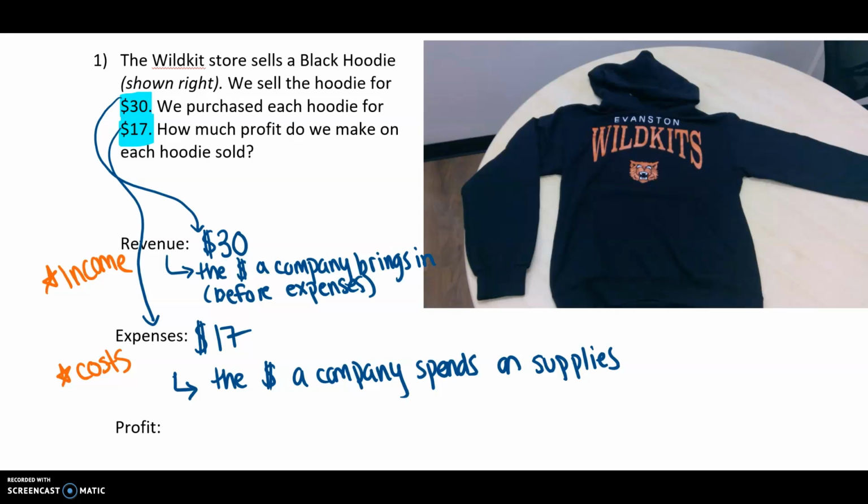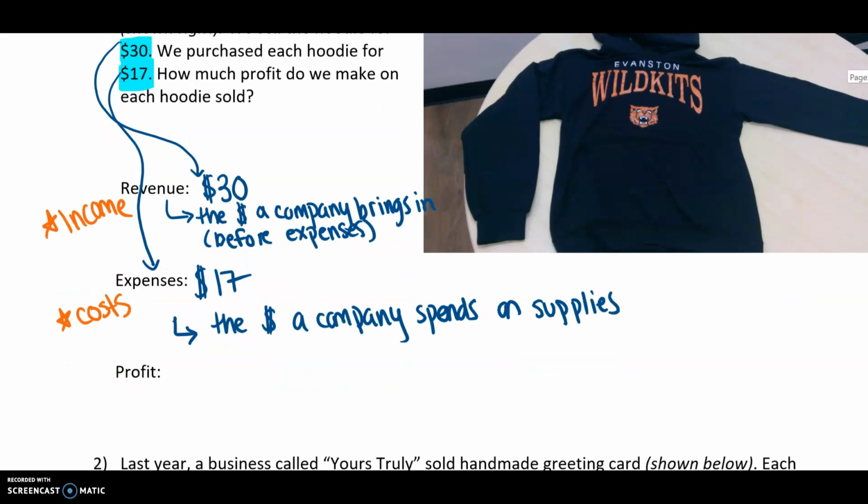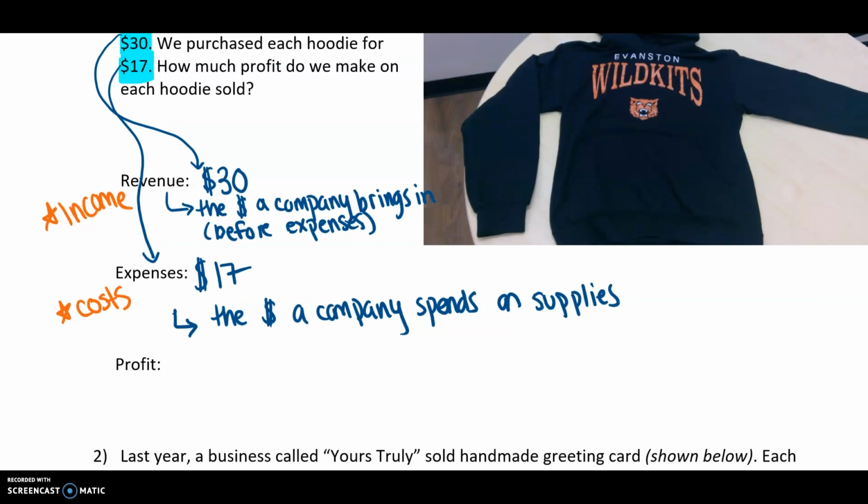Last but not least, then there's profit. So you have revenue, which is what you bring in, expenses, which is what you spend. And after those two things, you hopefully make profit, because profit isn't just the money the company brings in, it's the money they get to keep after expenses, which we'll calculate in a second. So that would be the money a company profits, right?